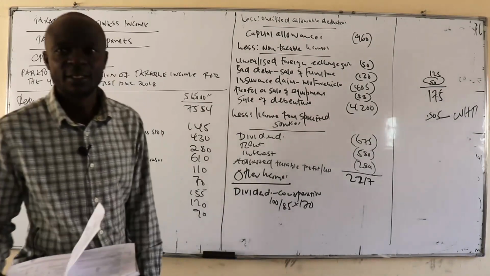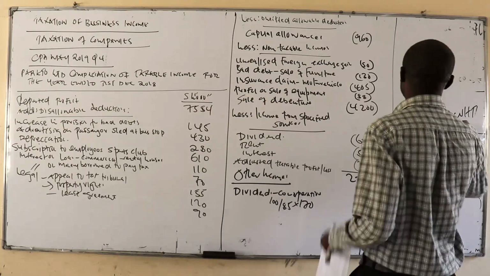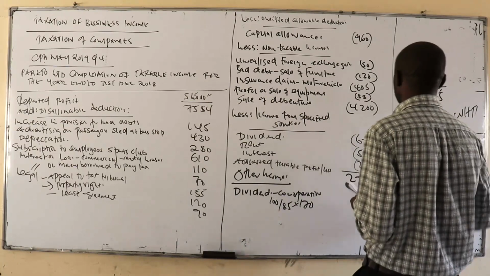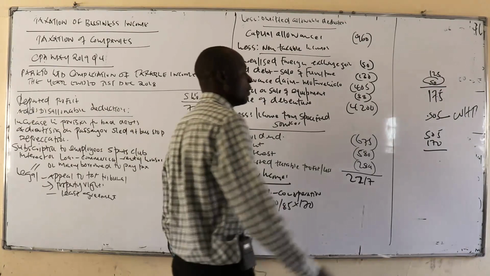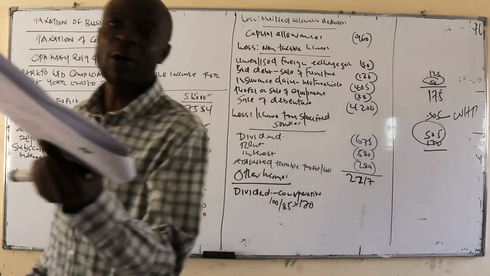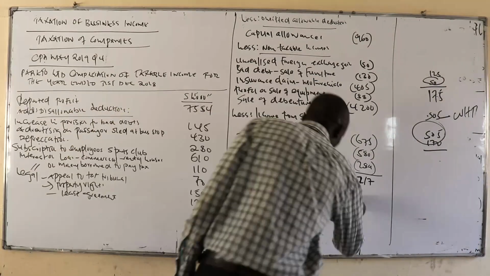Nirudie. So you see, if you add 505 plus 170, what do you get? You get 675, isn't it? But out of this 675, 505, they have already paid tax, so you don't need to include it here again. Are we communicating? Yeah, that is how we treat it. So now what do you get? 200. So you add here 200.